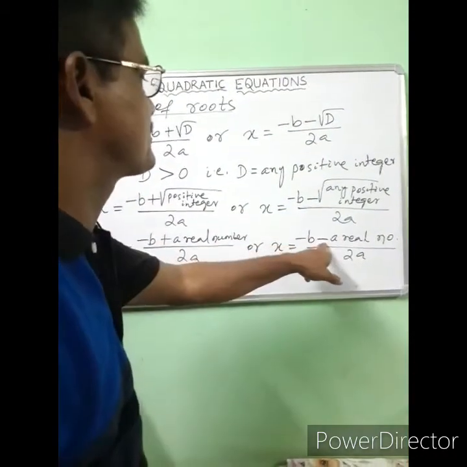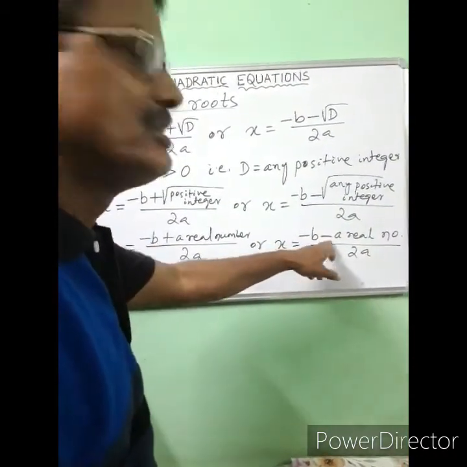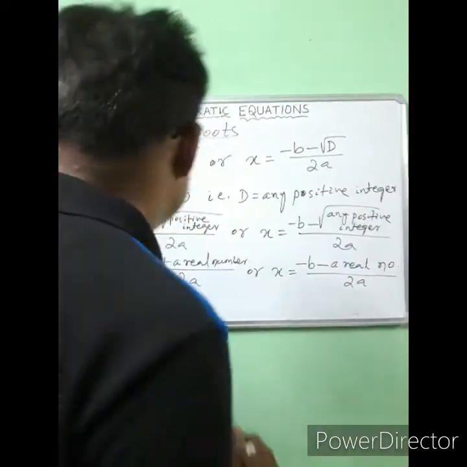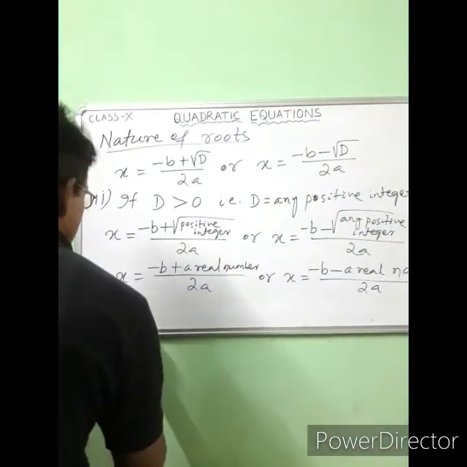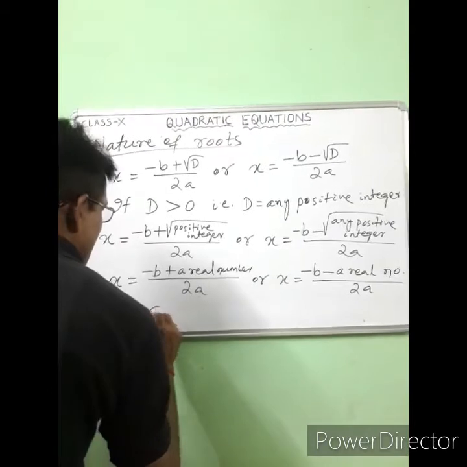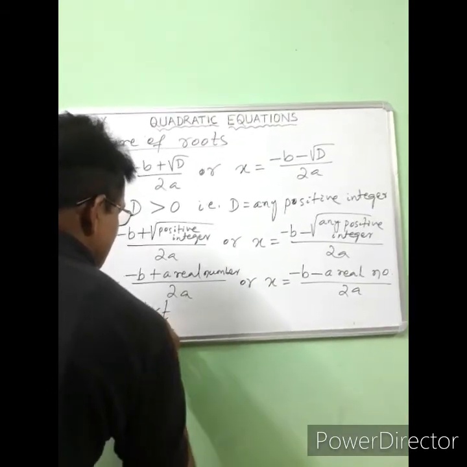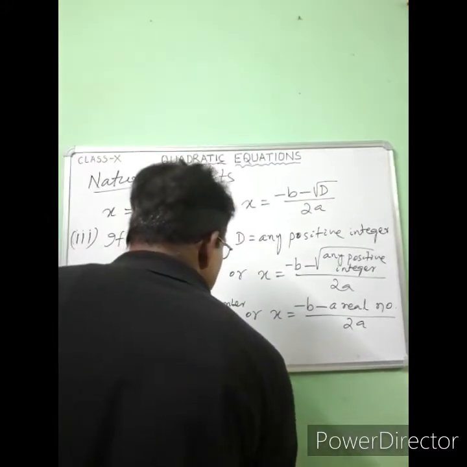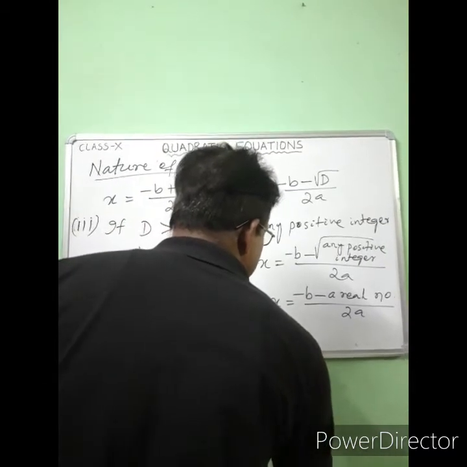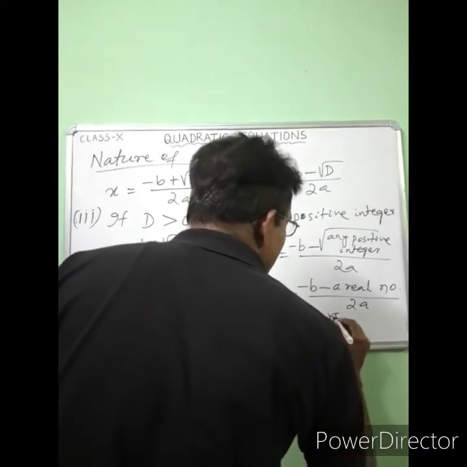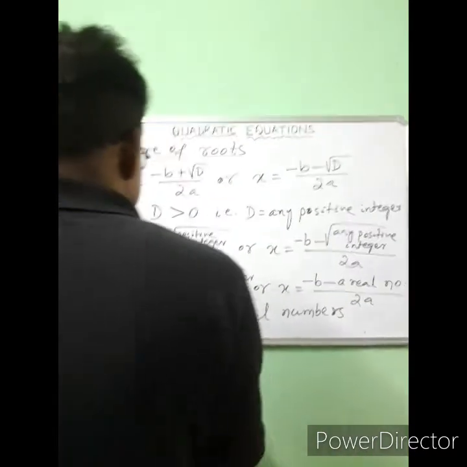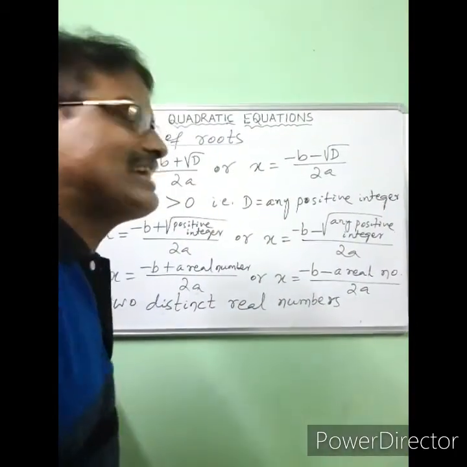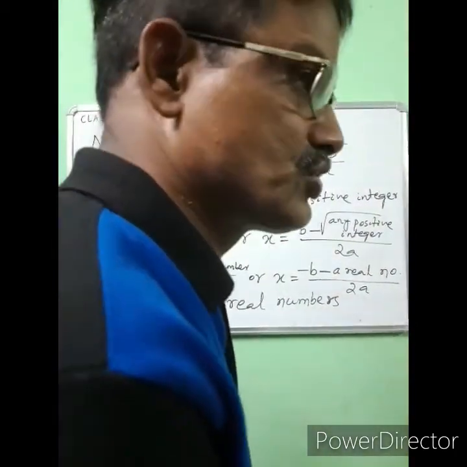So in this case the nature of roots are two distinct real numbers. These are the three natures of roots.